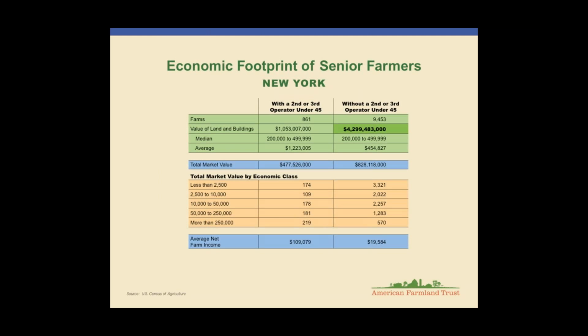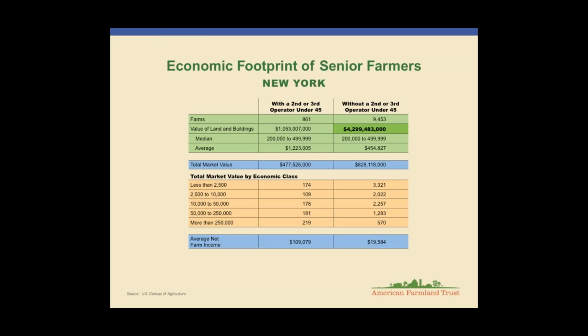Looking then at the economic footprint, there are a few things that are interesting from our perspective. One, when you look at the value of land and buildings, that's almost $4.3 billion in assets that this subset of seniors own.